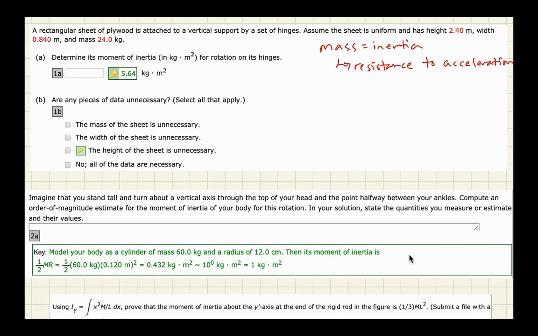So then rotational inertia, or what we would call the moment of inertia, is basically the rotational mass analog.